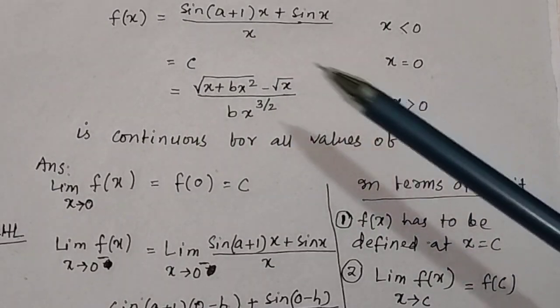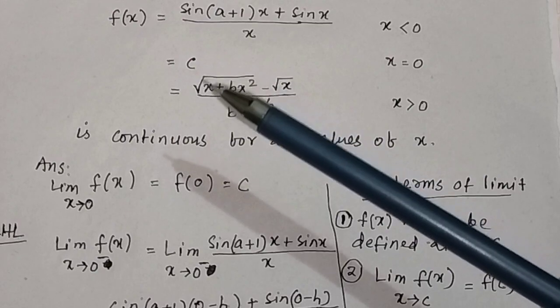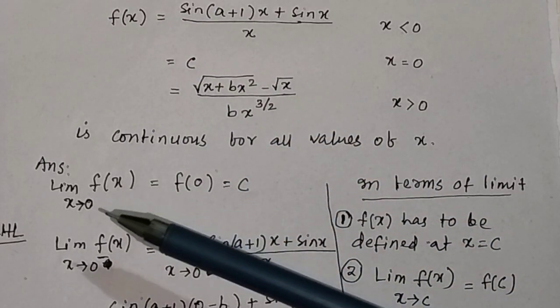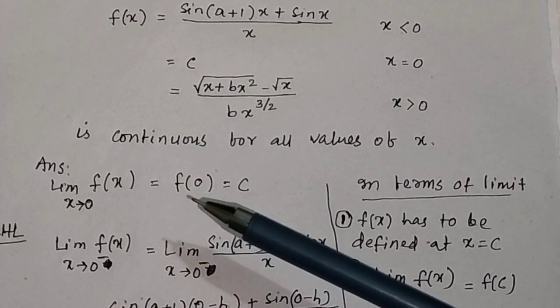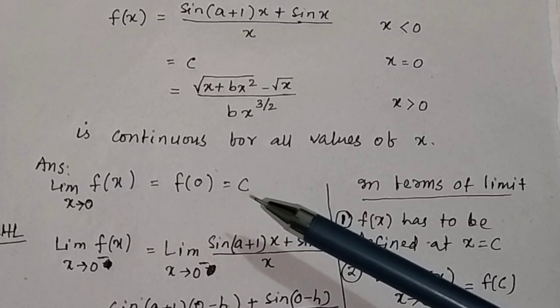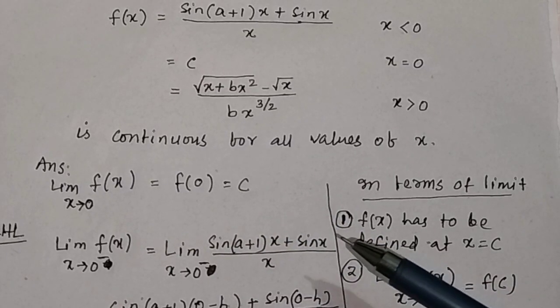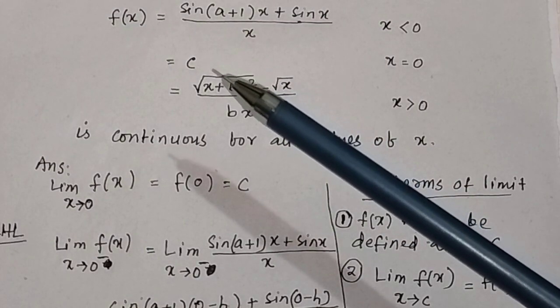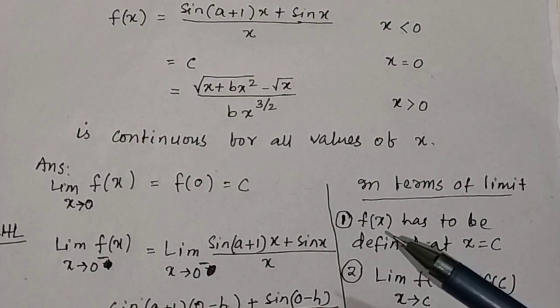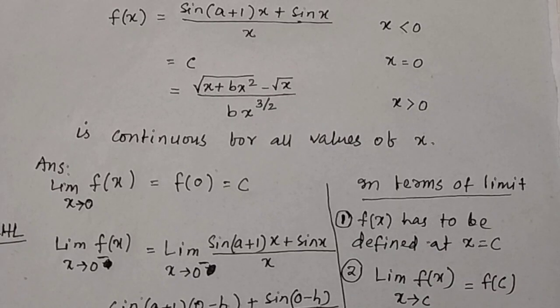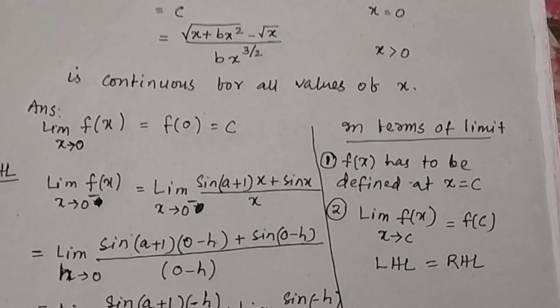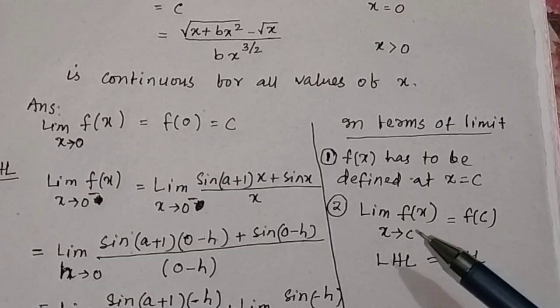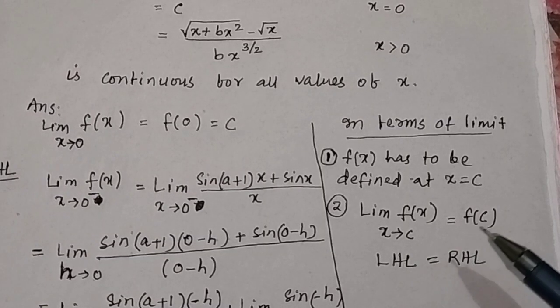So at x equal to 0, the function has been defined. That means f(0) is equal to c. It is given, and we have to find out the value of c. So the first condition is satisfied, and the second condition is that the limit of f(x) as x approaches c is equal to f(c).